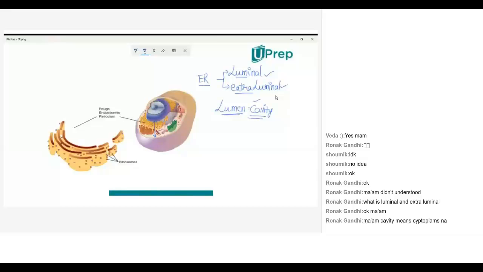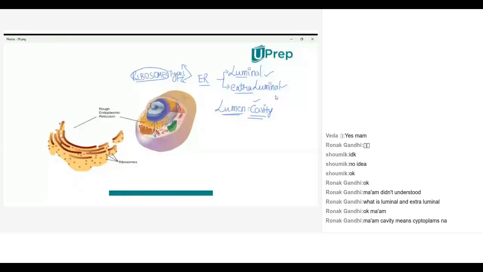So the word extraluminal side is related to endoplasmic reticulum structure. Now, the endoplasmic reticulum is of 2 types based on presence or absence of ribosomes. First I'll tell what ribosomes are, then we'll discuss the types of endoplasmic reticulum.